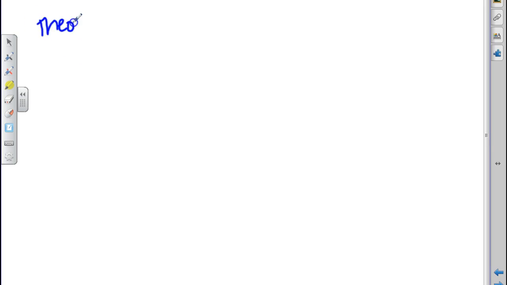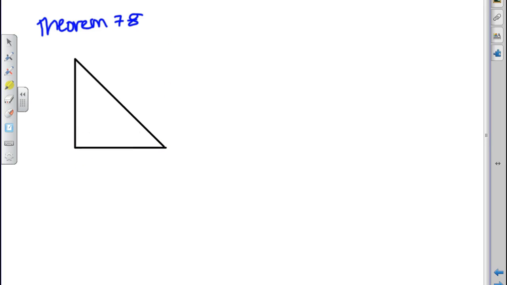So this is Theorem 7.8. If we are dealing with a right triangle, the hypotenuse is always the longest side. So let's say this is 3, 4, 5. The hypotenuse will always be the longest side because, why?